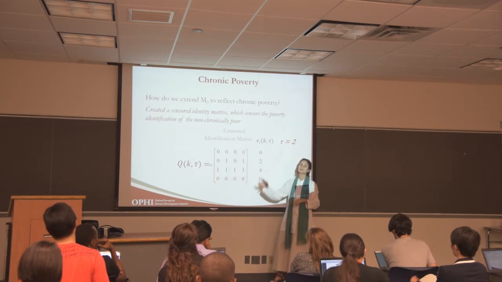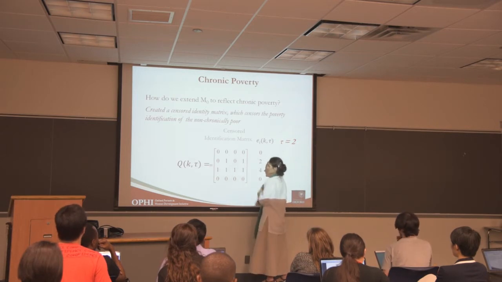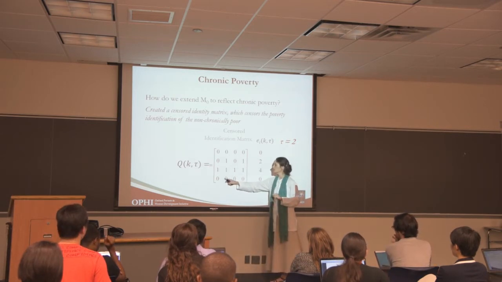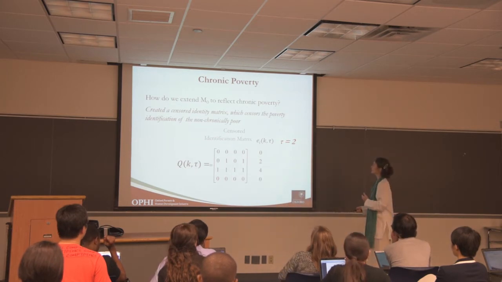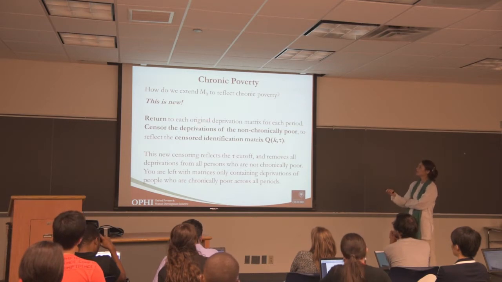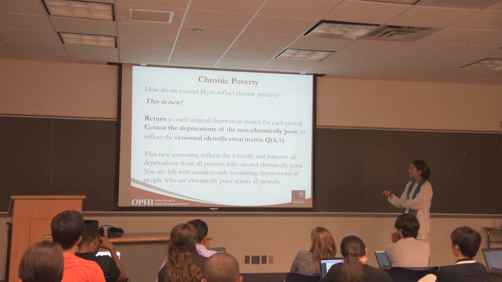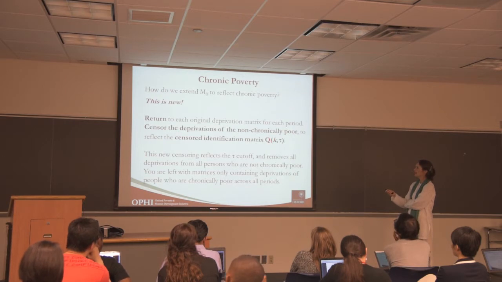So then you are going to recensor those original CIK vectors by tau, which means a lot here, that you are going to censor all of the deprivations there. So you return to each original deprivation matrix, the G0K matrix for each period, and you censor the deprivations of all the people who are not chronically poor. And so their deprivations match that of the identification matrix.